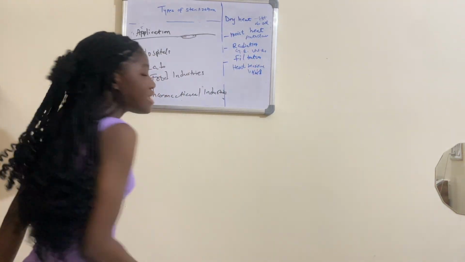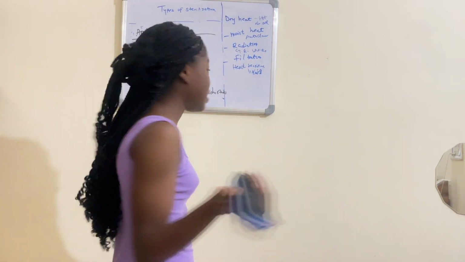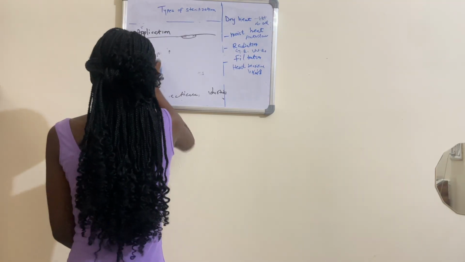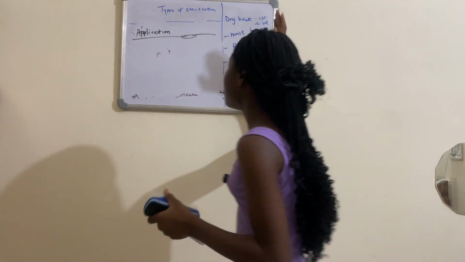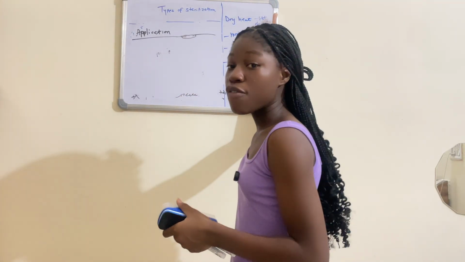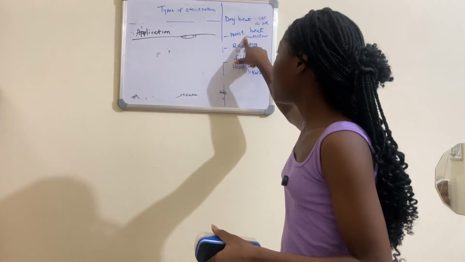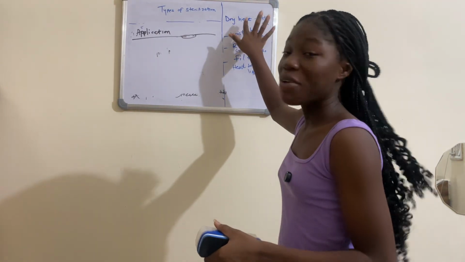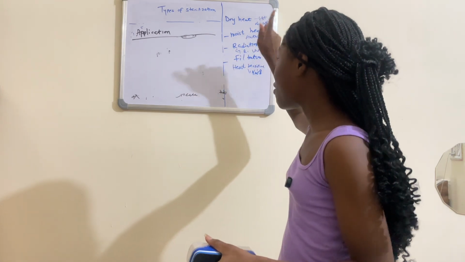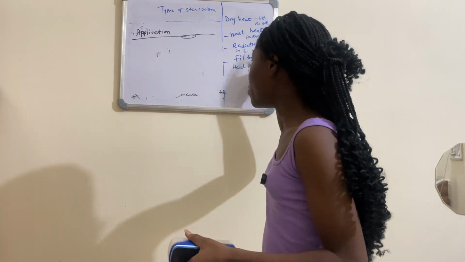So let's talk about a few exam tips, right? Examination tips. First of all, remember this: there are basically four types of sterilization. We have dry heat, we have moist heat, we have radiation, we also have filtration.